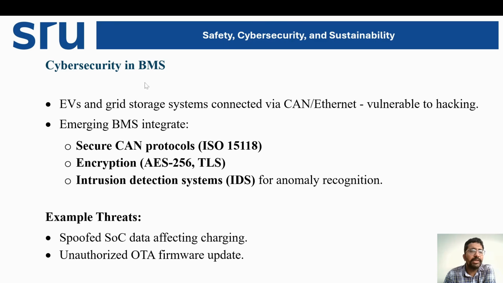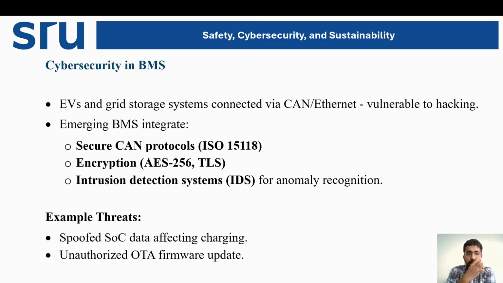Then cyber security in BMS. EVs and grid storage systems connected via CAN or Ethernet are vulnerable to hacking. If we are connecting through any type of communication channel and we are transferring the data, definitely some form of hacking is possible.